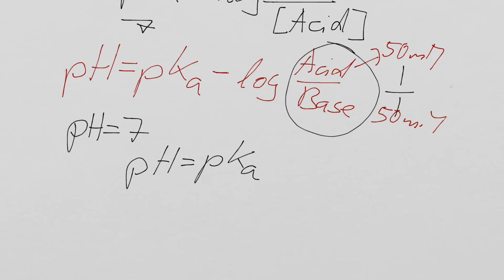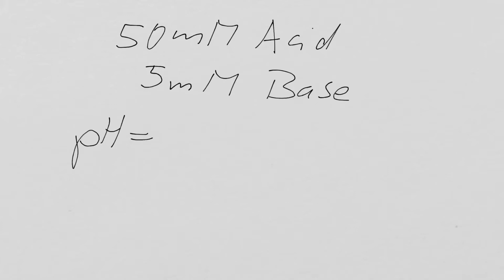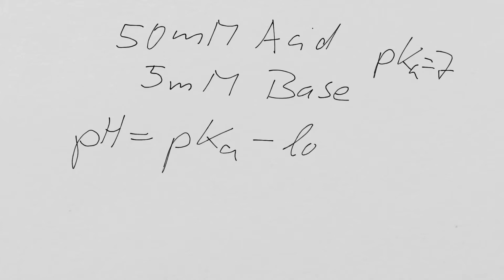Okay, I have 50 millimolar acid and 5 millimolar base. pH equals pKa, and our pKa is 7 again, minus log acid divided by base.